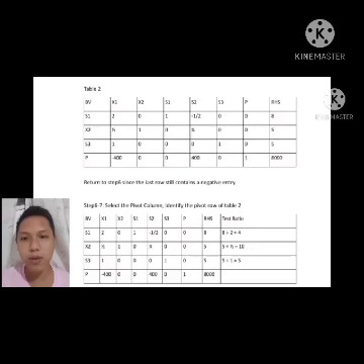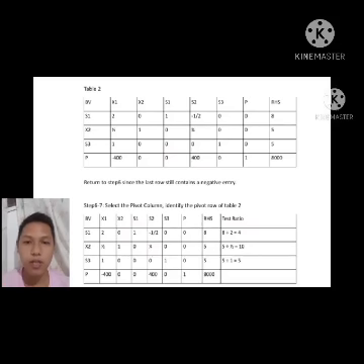And x2 has 1 half, 1, 0, 1/4, 0, 0, 5. And in the S3 is 1, 0, 0, 0, 1, 0, and 5 for the RHS. And for the P, you need to input negative 400 and then 0, 0 for the S2, 400, 0, 1, and the RHS for this P is 8,000.